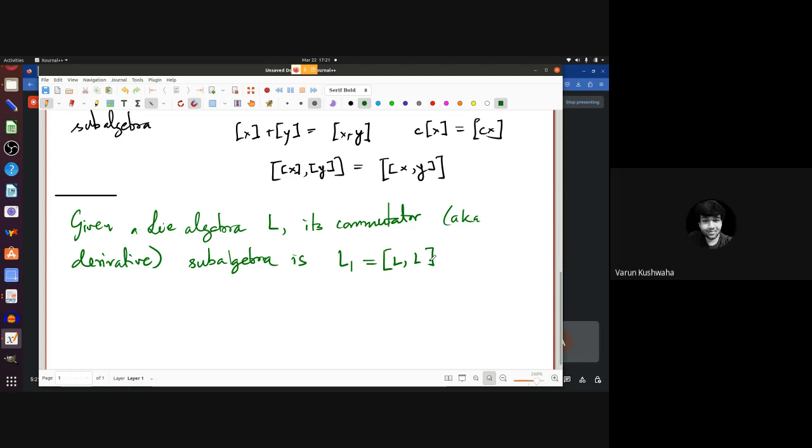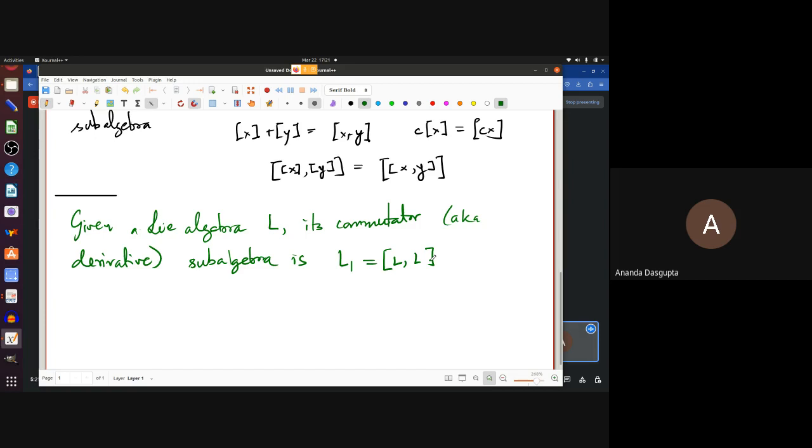Yes, sir. So when I am asking whether it is at all necessary to take the span, I'm really asking you that if you had not taken the span, remember when you take, say, two elements from L, L is a vector space, so you could start out by taking any linear combinations you want.